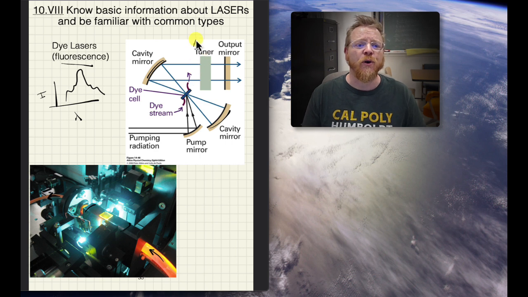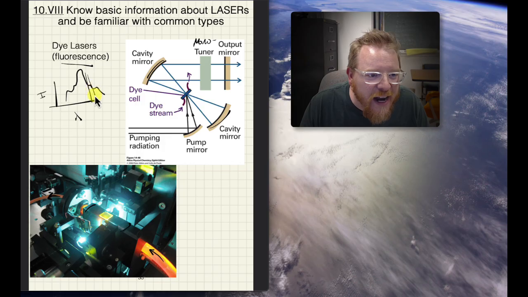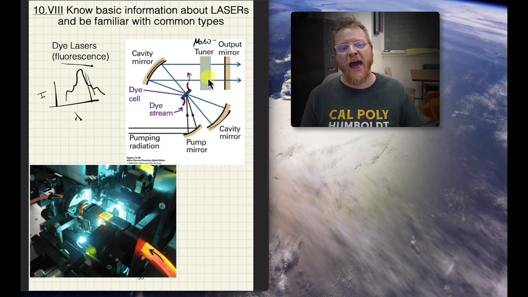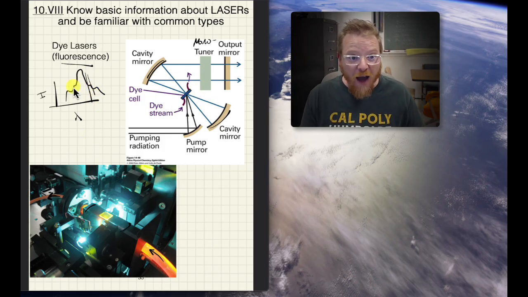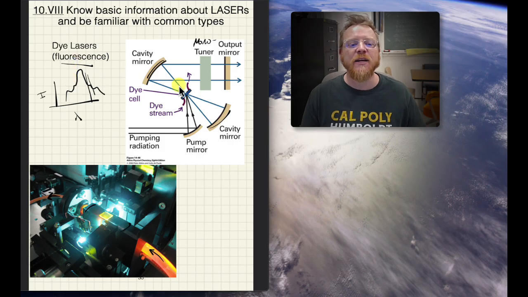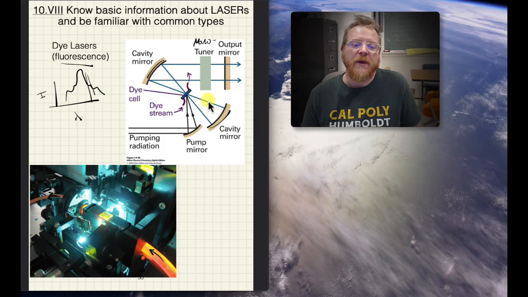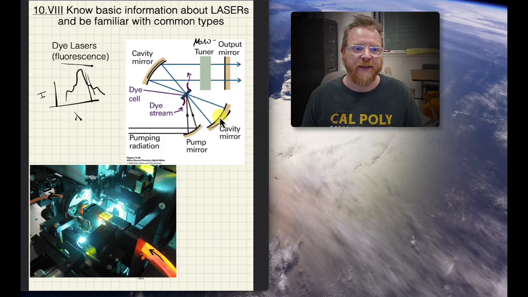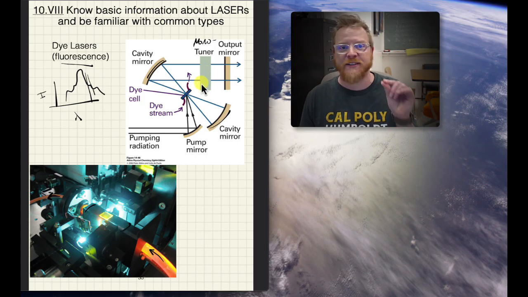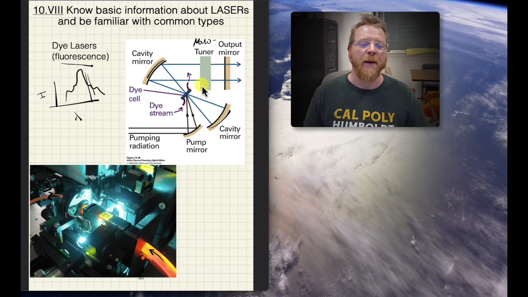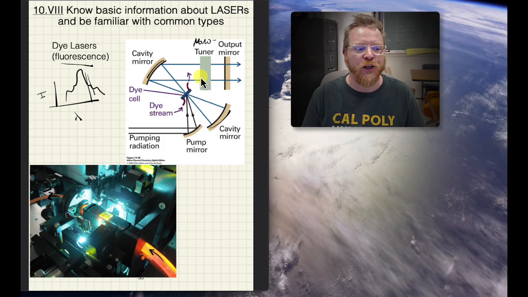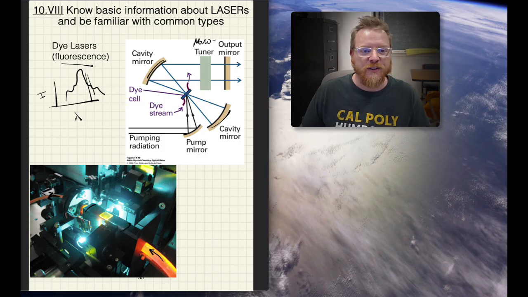So this tuner or this monochromator will select one narrow wavelength of that band that comes out. And typically the band that comes out of the cavity will be somewhat narrow. It has to be, right? That's how it's amplified in the cavity. But the monochromator here, or the tuner, will give us an even finer wavelength so that we can get a proper laser, which is typically one single wavelength.